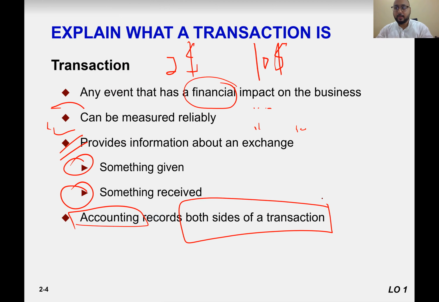So we have given the goods, and we record that goods have decreased from our inventory, from our finished goods account, and then cash has increased from the customer, so the transaction is complete. A transaction means only what qualifies with the definition, which has financial impact on the business.